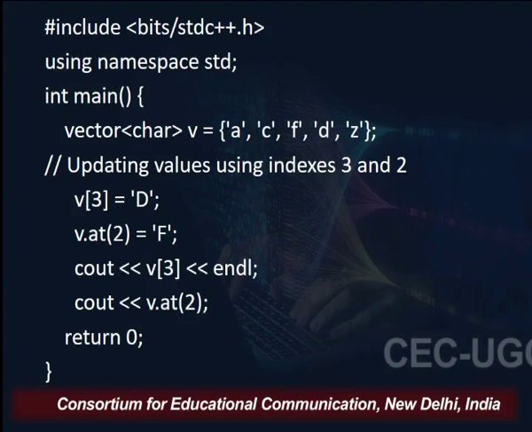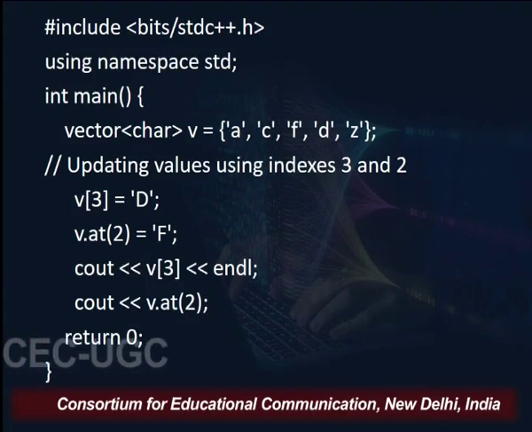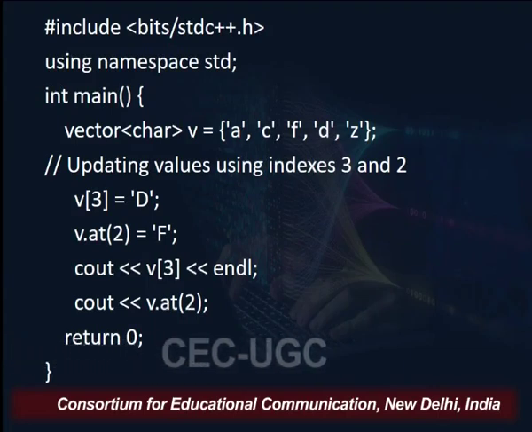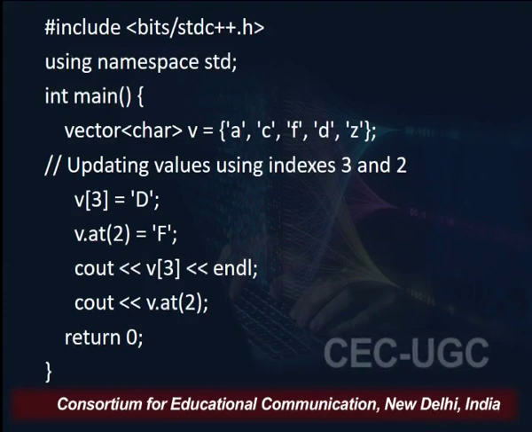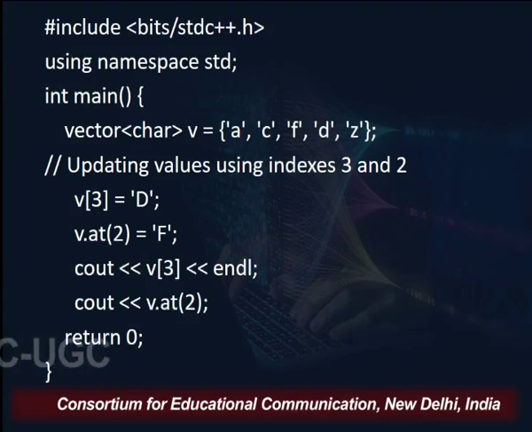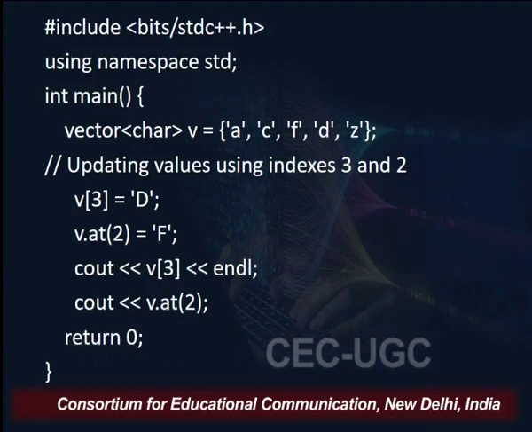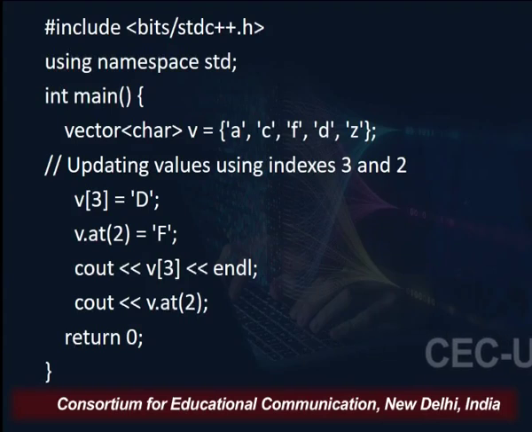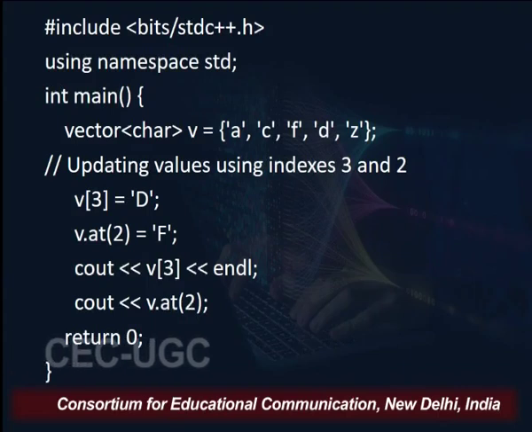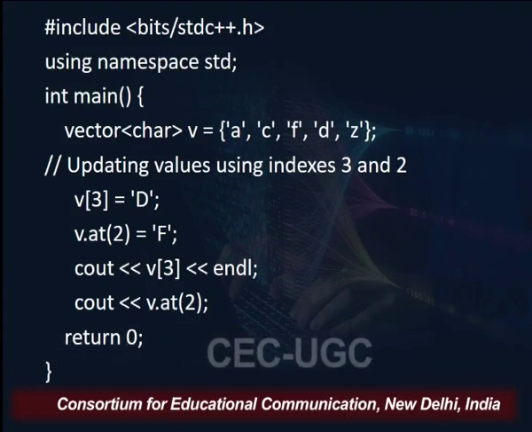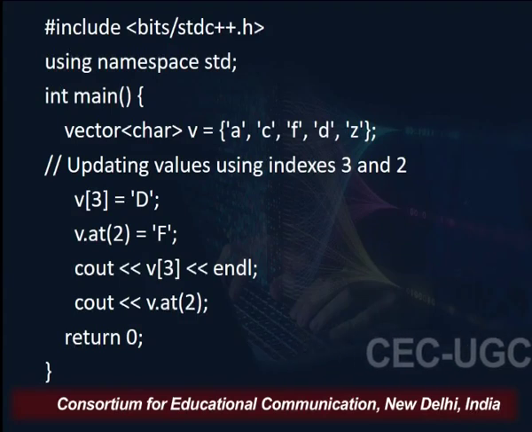That means the element at index 3, starting from 0 obviously, so 0, 1, 2, 3, is going to replace the small d with the capital D, and V.at(2) equals the character 'F' is also going to do the same thing. That means this small f is being replaced by the uppercase letter F, and then we can print in order to see whether it has been done or not.